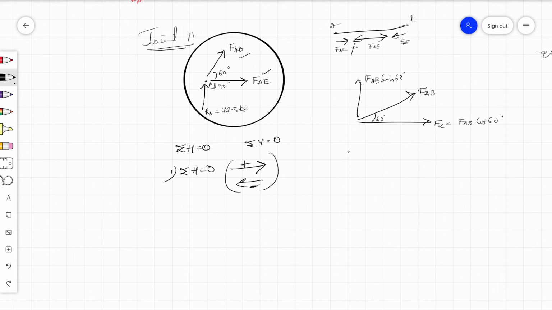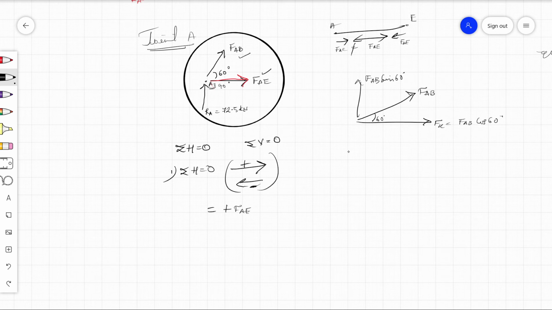Now if I add every force in the horizontal direction, what is the first force you see? FAE, going in this direction, is positive itself. So it is plus FAE. What is the one more force?